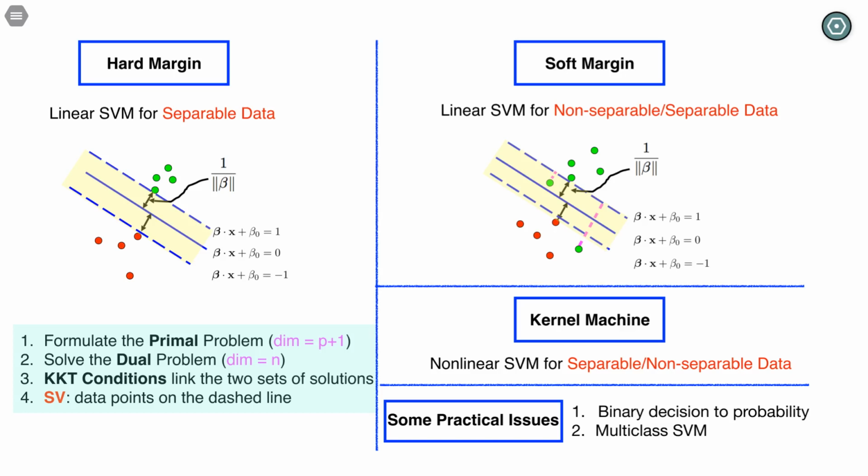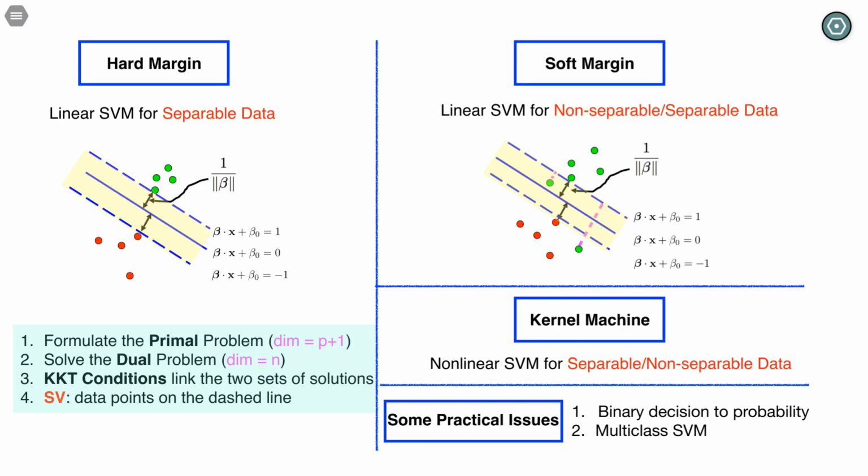They are basically the Lagrangian multipliers from the primal problem. The solutions for the two types of problems, primal and dual, are linked through the KKT conditions. Meaning once we solve the lambda 1 through lambda n from the dual problem, we can find a way to retrieve beta and beta 0.